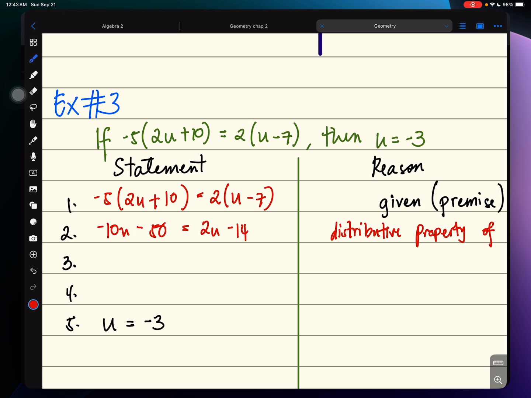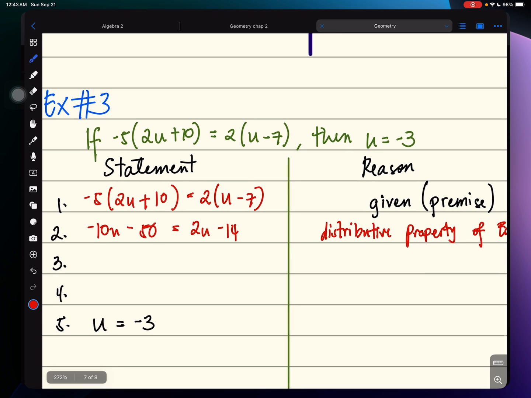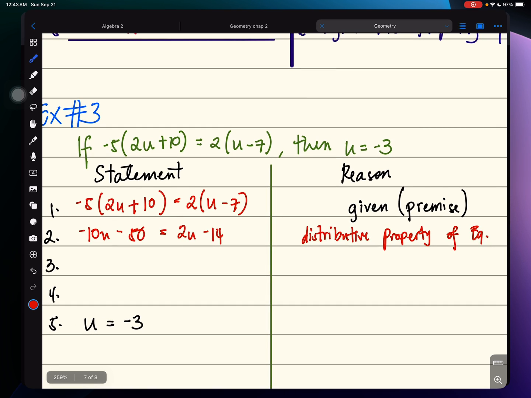And then, we can put on the third reason for the third statement. We can use the subtraction property of equality, or instead of subtraction, because we see a negative sign here and also a positive variable here, we can simply use simplification.